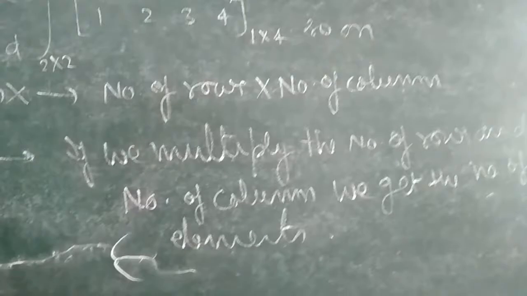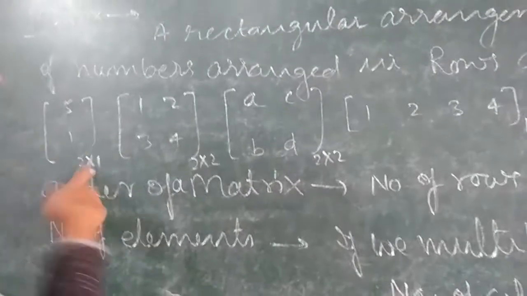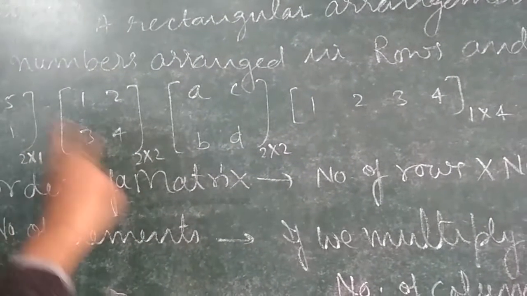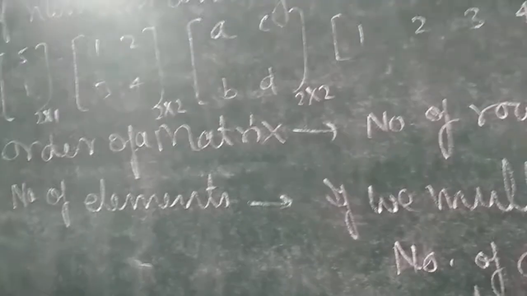So see, how many elements are there? There are 2 elements, 2 into 1, 2. 2 into 2, 4 elements. 2 into 2, 4 elements. And 1 into 4, 4 elements. So in this way, you can see there are different numbers of elements arranged in the matrix.